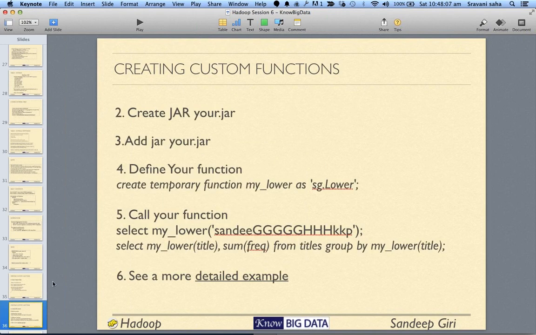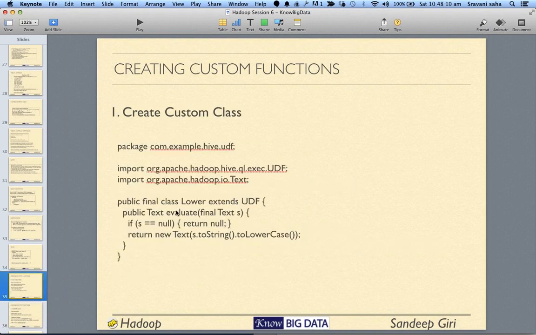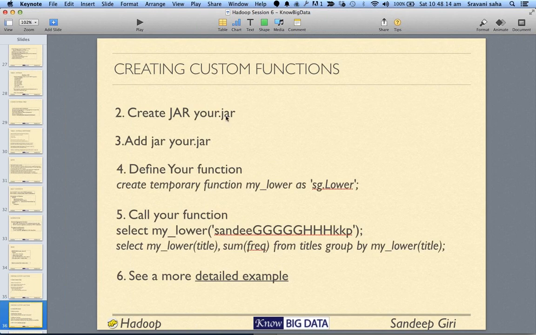Now, after you have created this kind of class, you create your jar, and this is something you need to note. We say add jar your.jar, whatever jar you have created, and this jar has to be in the local file system. It doesn't have to be in HDFS. Then you can start using your function like this.